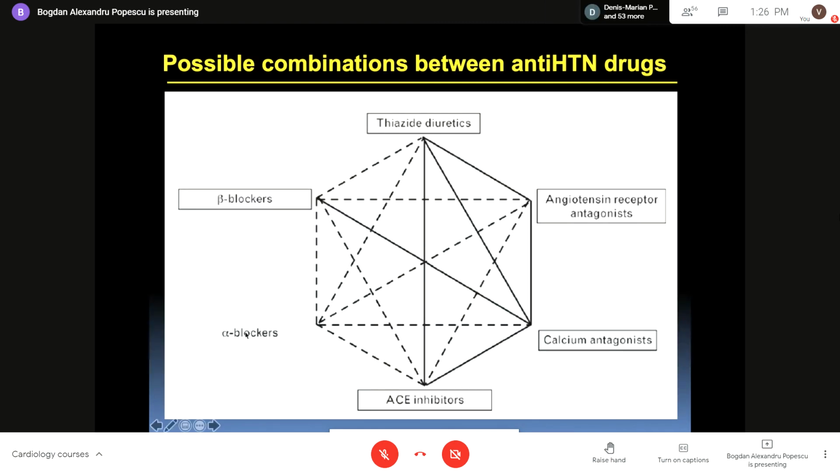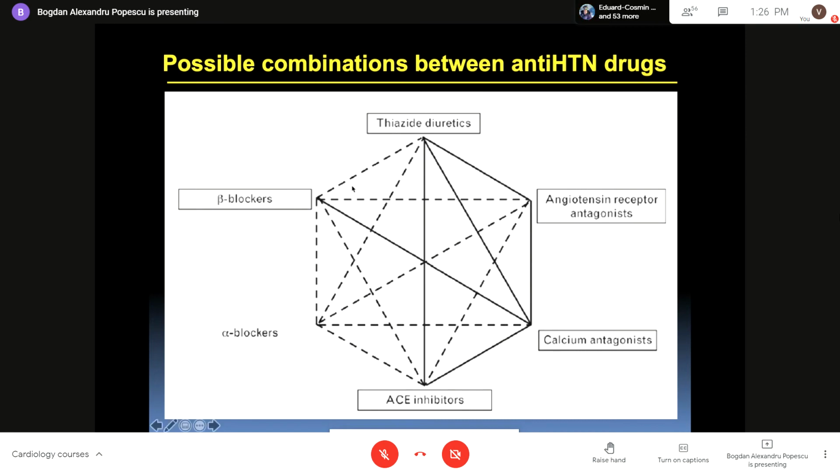And also I find this diagram pretty useful because some drugs go well together in combination. Some drugs are not the best choice to combine. Again, not totally contraindicated, but you may wish to consider that. The continuous lines mean that those classes may be combined well together.